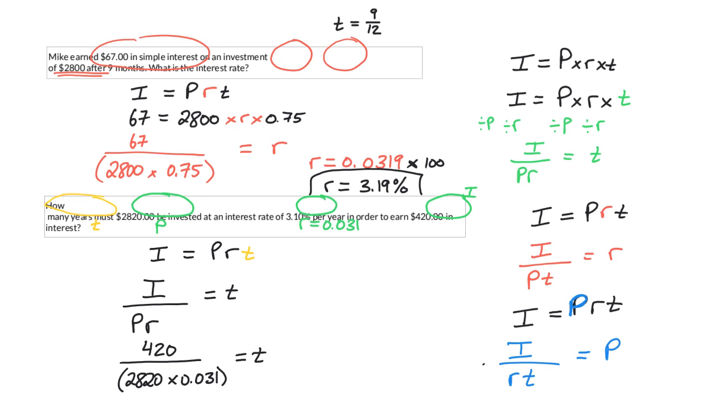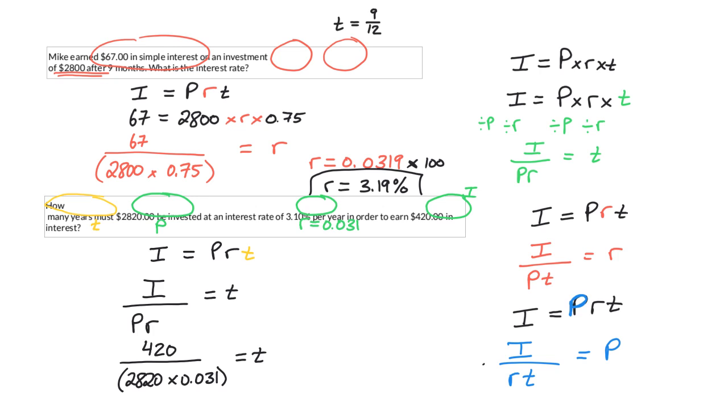But if you have a scientific calculator that has 2 lines, then you can do it all together in one. The way that you're typing it in is exactly how I said it: 420 divided by, open bracket, 2,820 times 0.031, close bracket, hit enter.